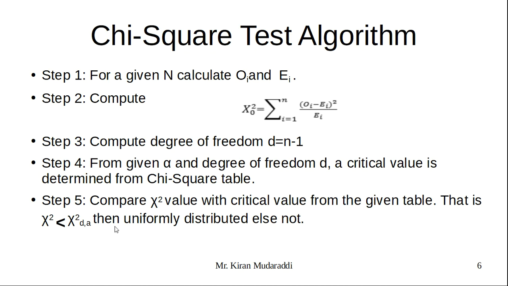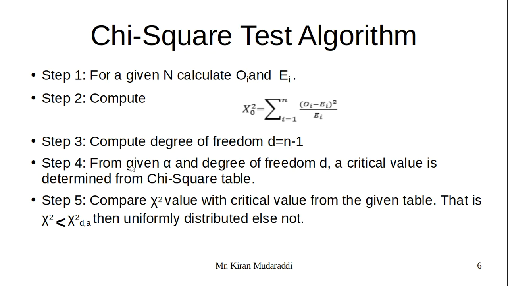Using the formula, in the second step, chi-square is calculated. In step 3, we compute the degree of freedom, that is D equals n minus 1, where n stands for the number of classes.